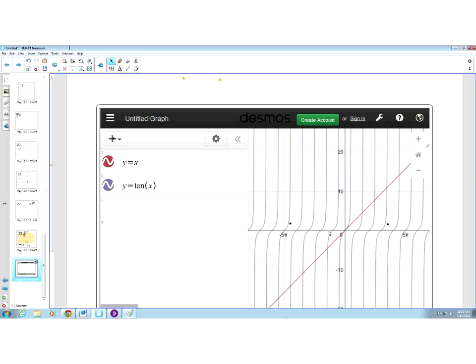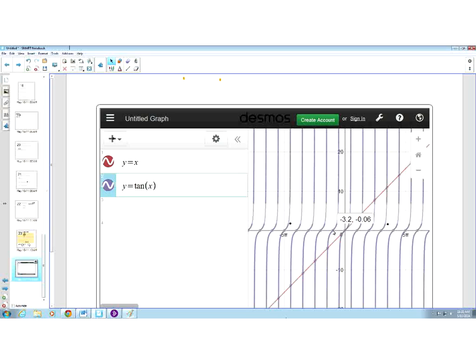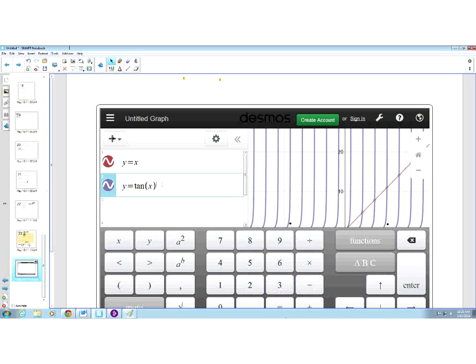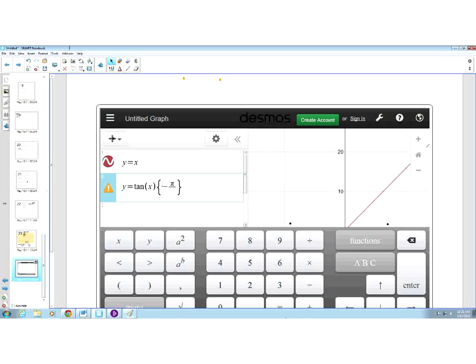And that would appear to be between -pi/2 and pi/2. Okay, so let's restrict the domain of the tan function to -pi/2 less than or equal to x less than or equal to pi/2.